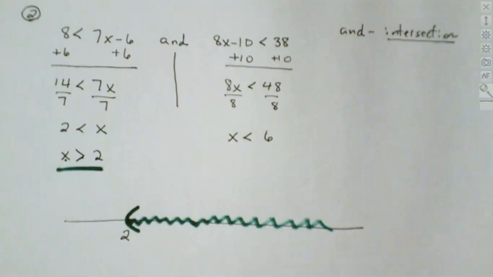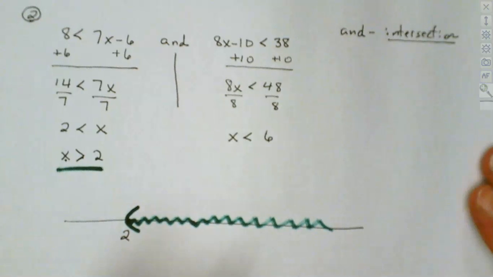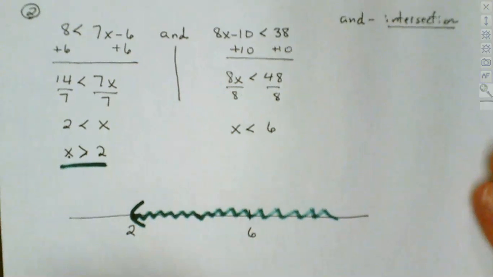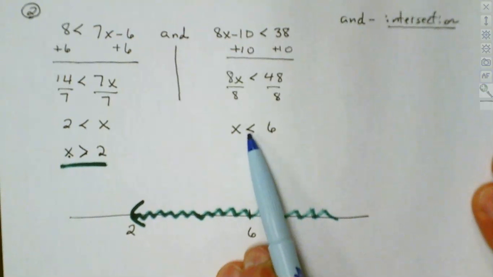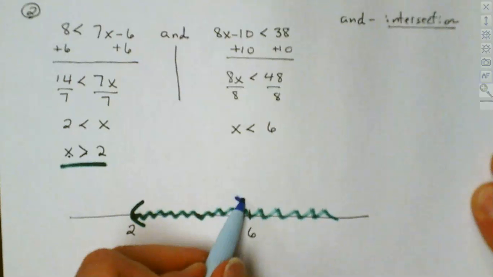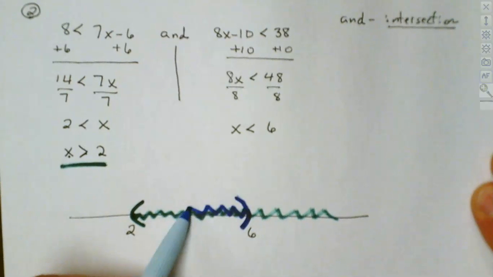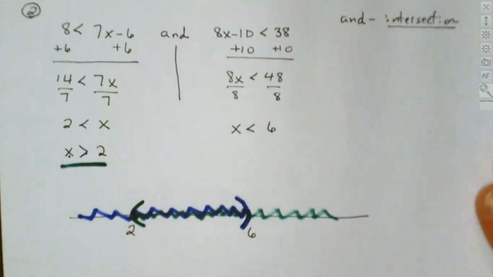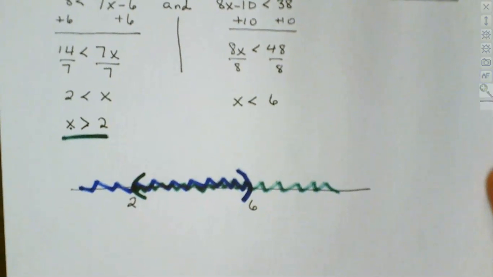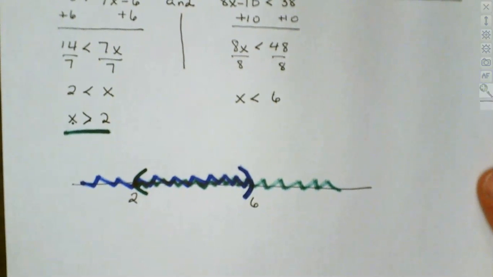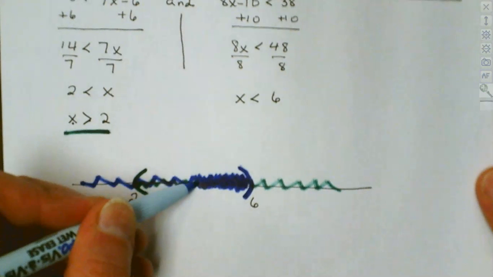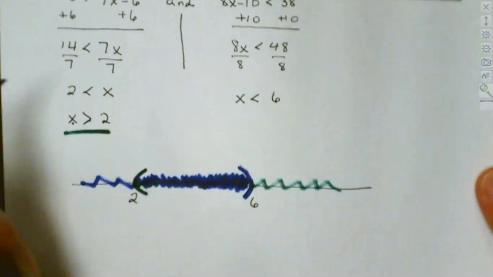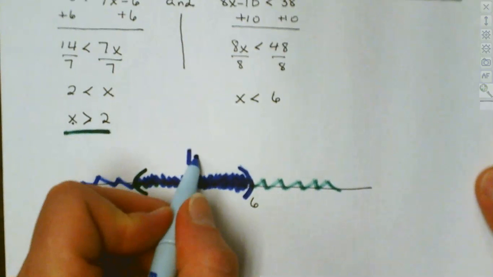What about the other one? We've got the 6 here, and it says x is less than 6. Notice it's pointing to the left, so we shade to the left. Now, what is our answer going to be? Well, an and means we want where they overlap. And so they overlap here in the middle. So this part right here is going to be the answer.